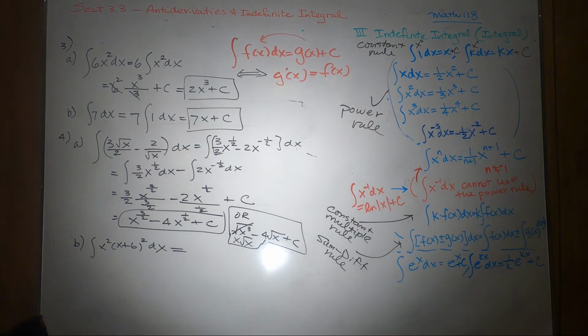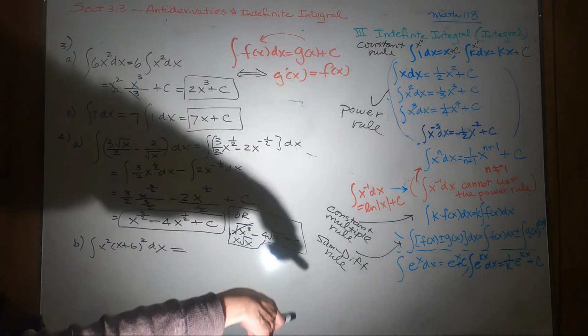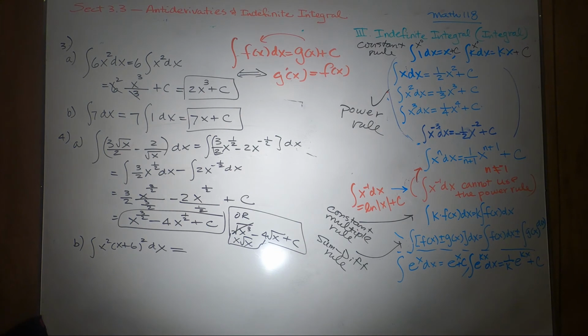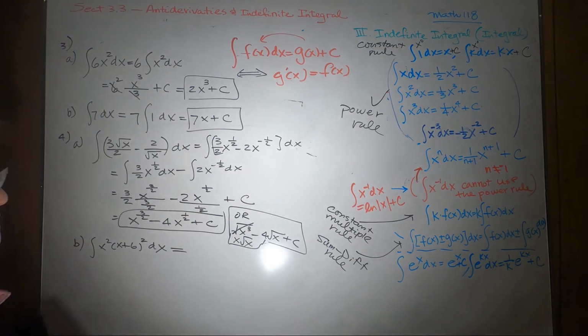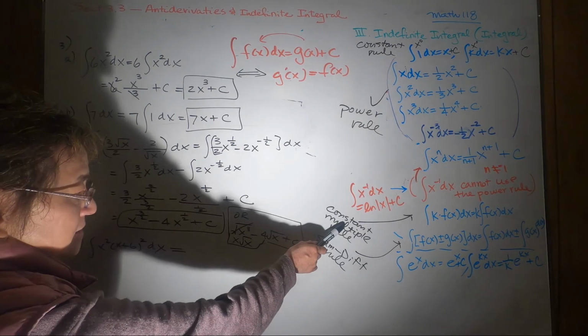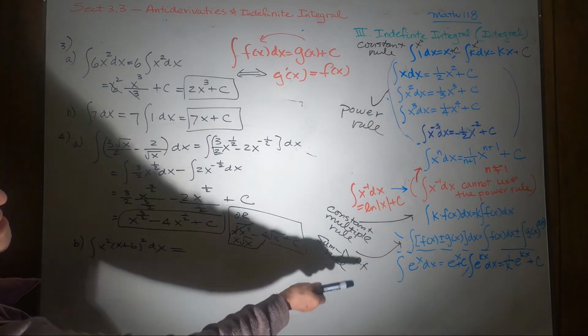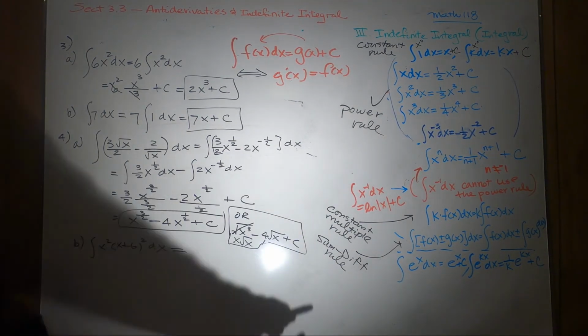Next one. So this one you have a multiple. We didn't talk about how to handle things multiplied together. We only did the sum and difference rule, the constant multiple rule, where if you have a constant you can take it outside, and the power rule.